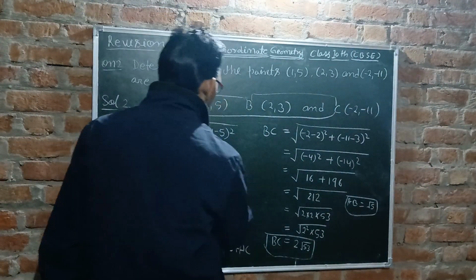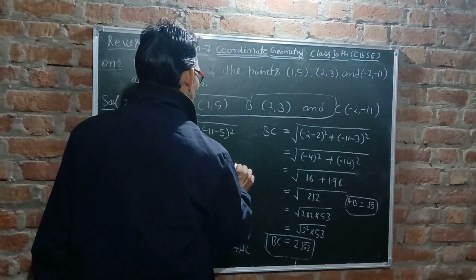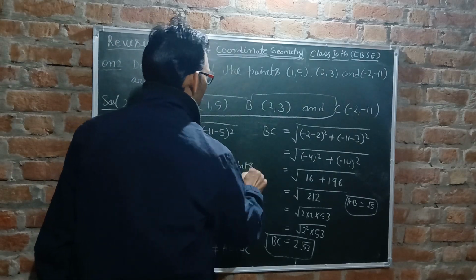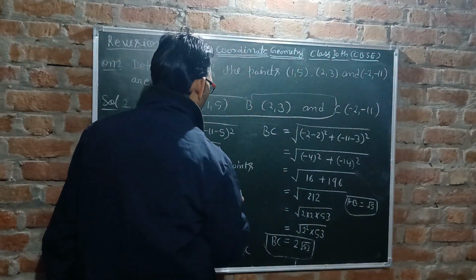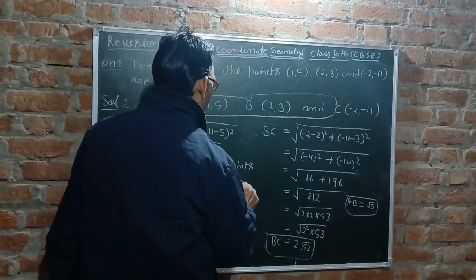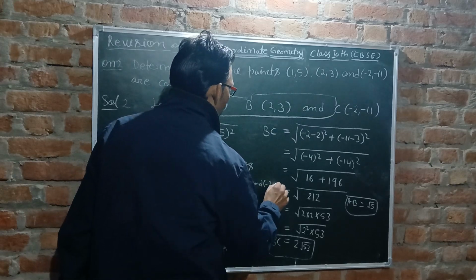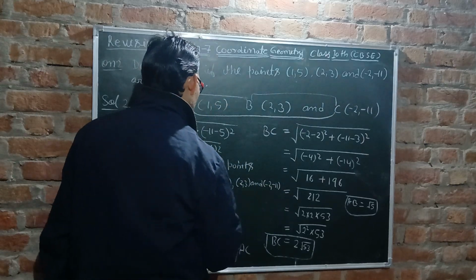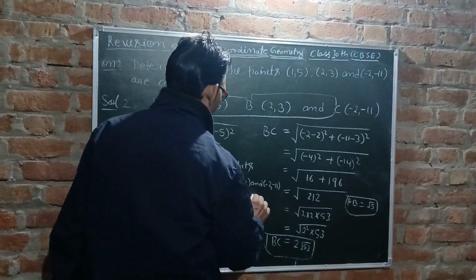We concluded that points 1, 5, 2, 3 and -2, -11 are not collinear.